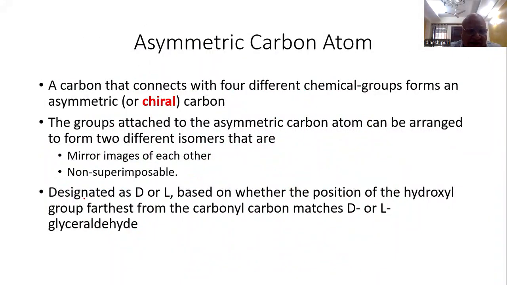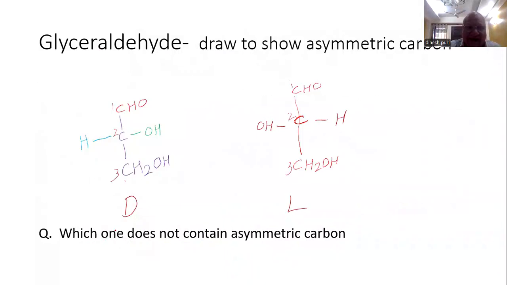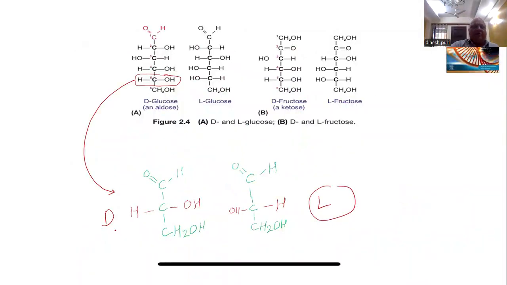So they are designated as D or L based on the position of the hydroxyl group farthest from the carbonyl carbon: if it matches D, or if it matches L. Important point here: all the sugars, monosaccharides in our body, belong to the D series.